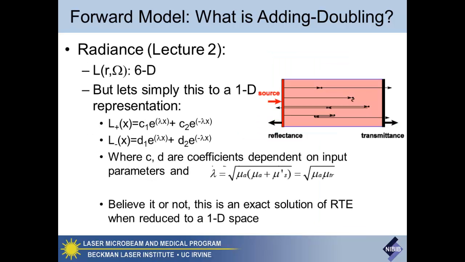Going back to how it actually propagates light through a thin slab: from the second lecture, Jerry had gone through a simplified description where, essentially, the first thing adding doubling does is take radiance, which is 6-dimensional, and simplify it down to a 1-dimensional representation. It does this by assuming that there's no spatial distribution of optical properties, that it's essentially just a homogeneous slab with infinite extent.